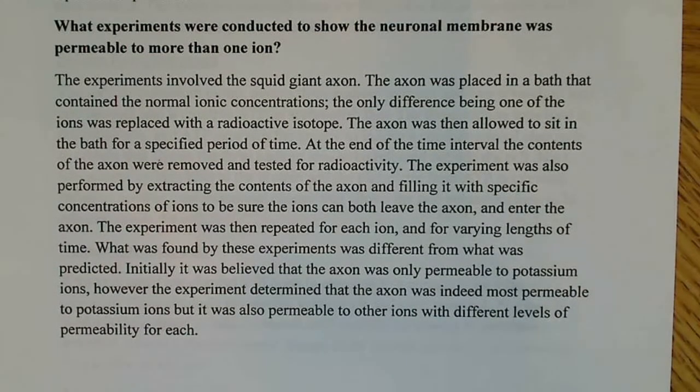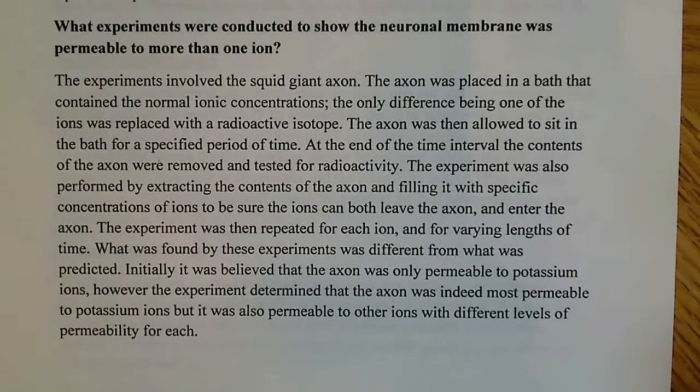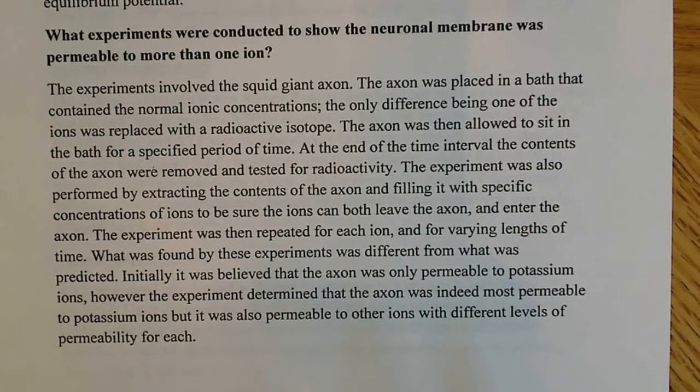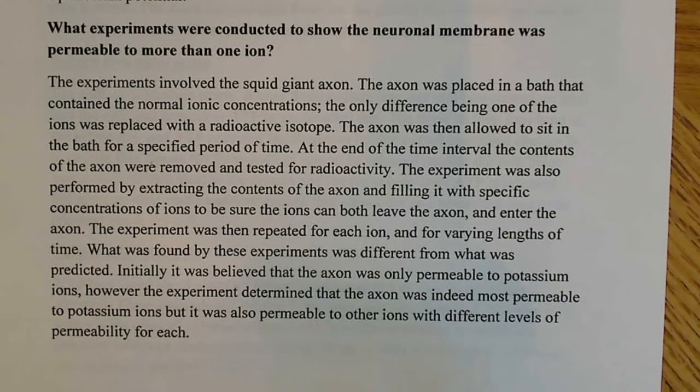Each ion has a specific permeability. It could be 1, it could be 0.5, it could be 0.4, and those are experimentally determined values for the permeability. So it's important to see how these experiments were conducted and what they did to help us understand what was really going on.